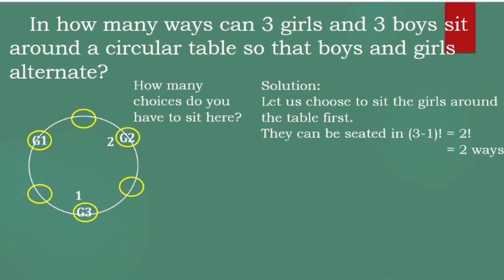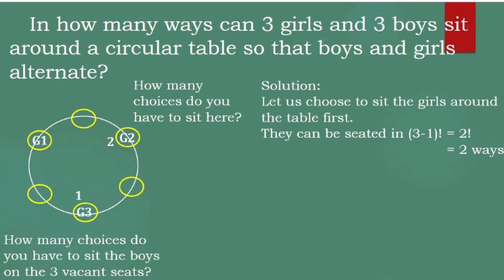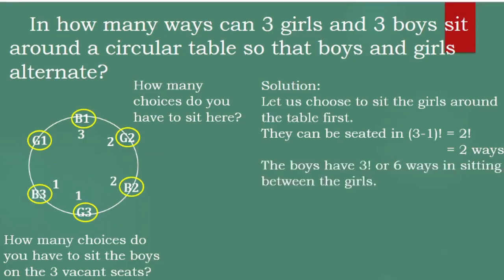They can be seated in (3 minus 1) factorial, so we have 2 ways for the girls. And then for the boys, how many choices do you have to sit the boys on the 3 vacant seats? For boy 1, boy 2, and boy 3, the boys have 3 factorial or 6 ways of sitting between the girls.